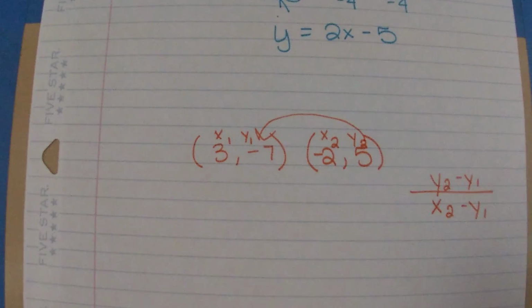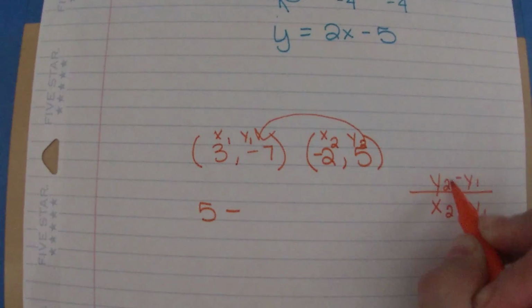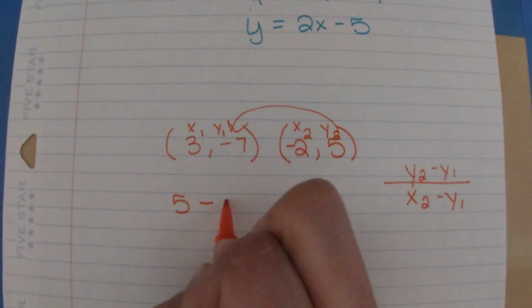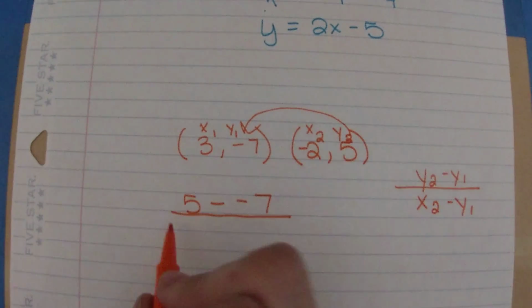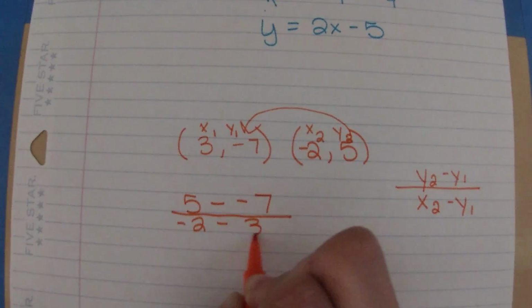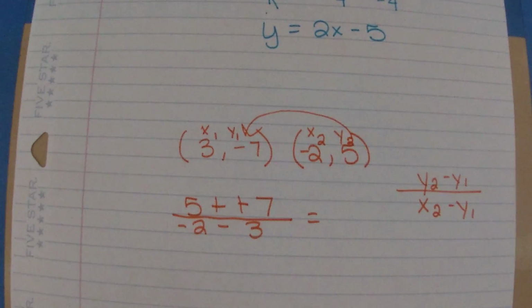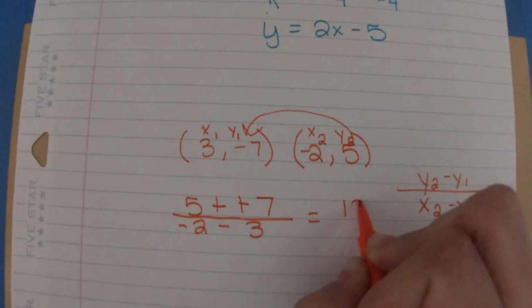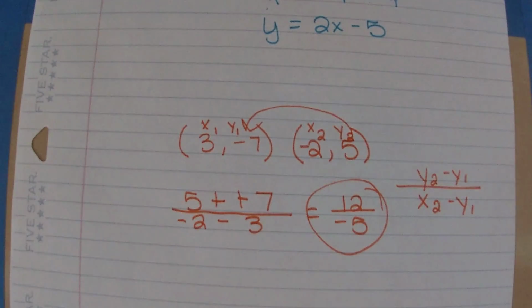So we're going to do a y2 minus a y1, where we're doing 5 minus, because that's part of the formula, negative 7. And then negative 2 minus 3. Use a calculator, know how to clean up those signs, whatever you sort of prefer. We'll get 12 over negative 5. Remember, slope is always reduced in proper fraction form. That cannot be reduced any further, so we're done there.